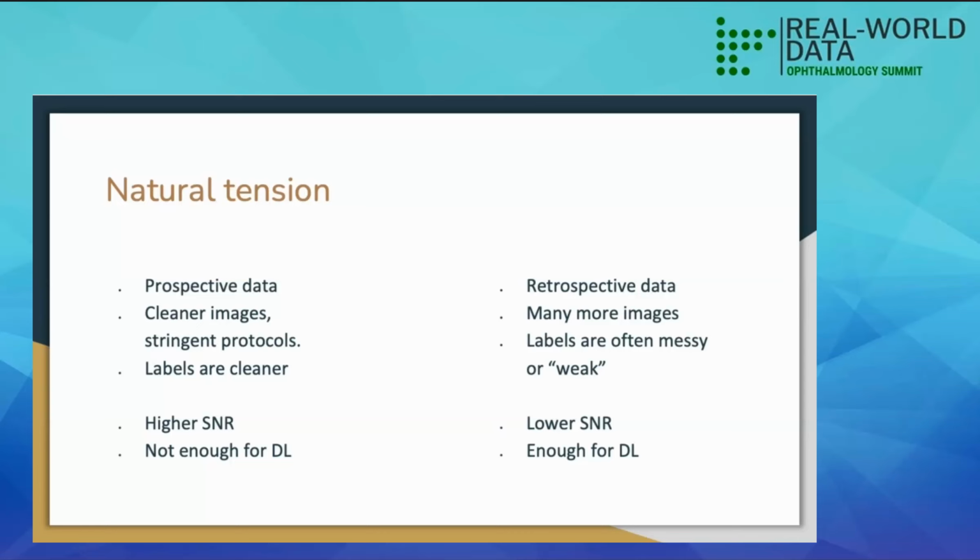If the model is going to be deployed in real life and used in everyday clinics, then it's best if those models have been trained with data from everyday clinics. But that said, this trade-off often means that people really don't have a choice in the matter. They go with the data that is available to them.